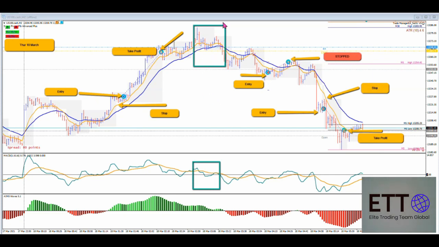And I've also highlighted this area here. This was a trade I didn't take this morning, and I should have done. To be honest, I wasn't concentrating enough, but you can see we came up here to this high, and on my hour chart, hour and 30-minute chart, here was a level.